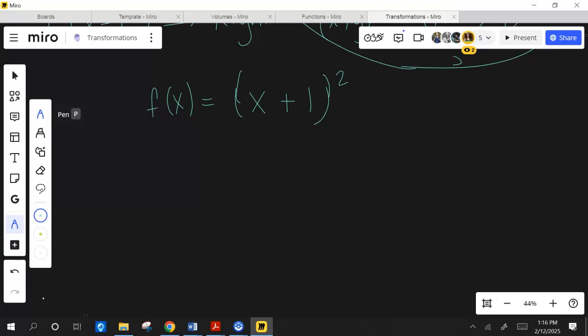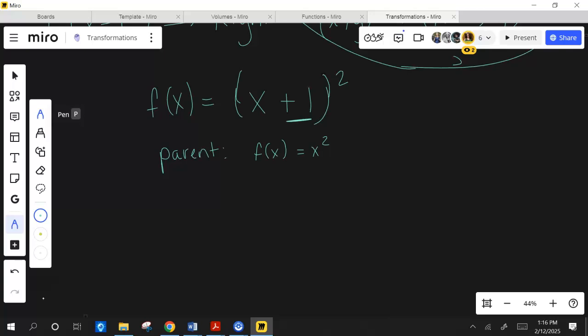Okay, what is the parent graph? X squared. You should see that squared and automatically go, it's X squared. Now, what has been done to that parent graph? It got +1.